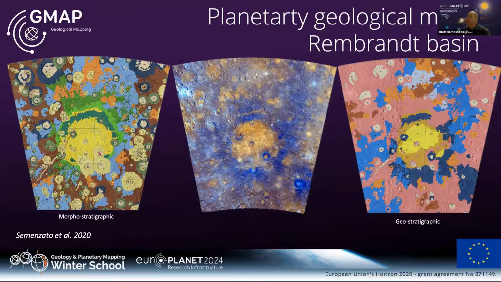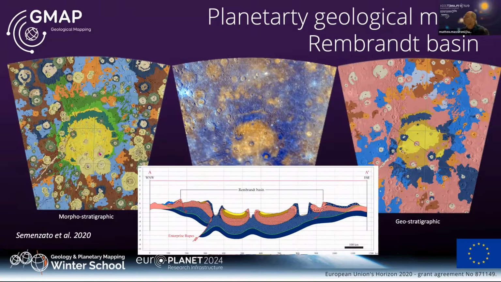So if we consider not the morphostratigraphic map but the geostratigraphic map, in which we try to distinguish the different layers, even in the subsurface, the geological section is quite different, because we have a kind of deformation, at least in correspondence of the crater, where the material underneath was flapped on the rim, for example, or could be exhumed in the peak of the crater.